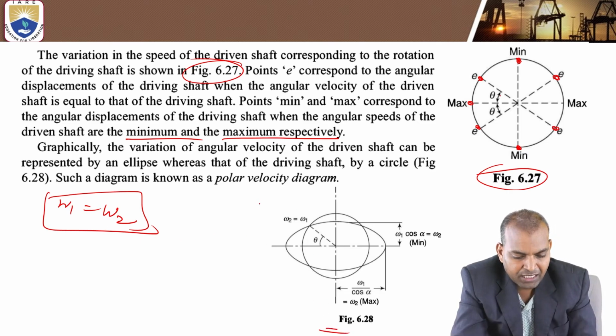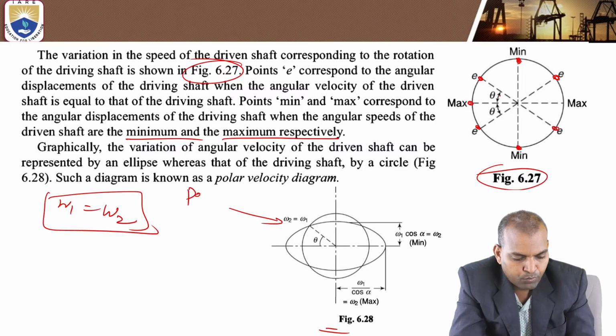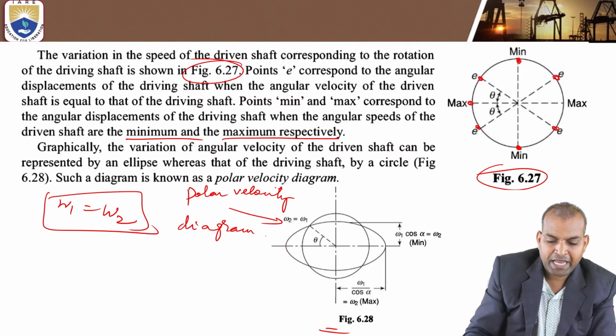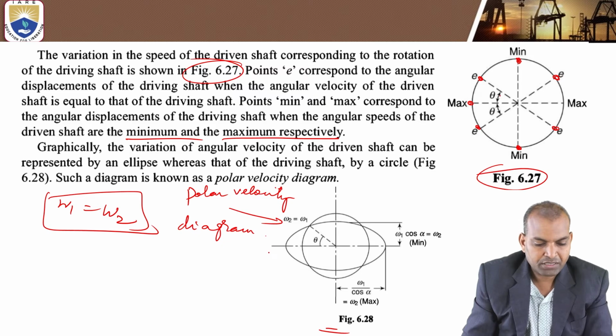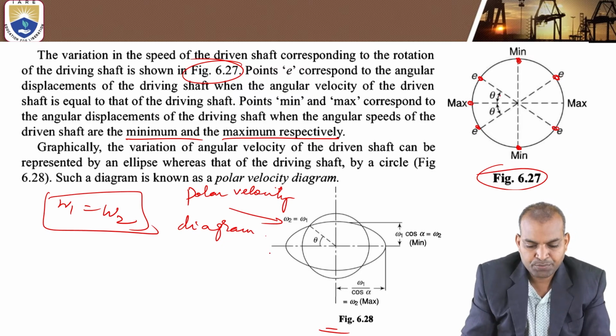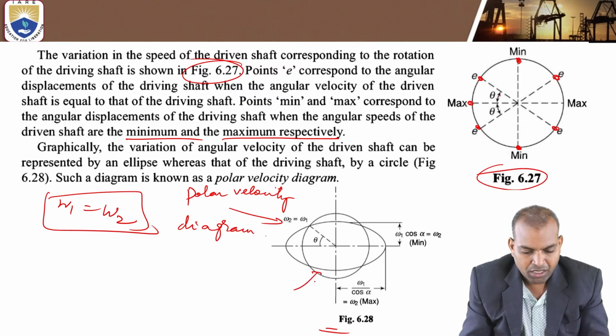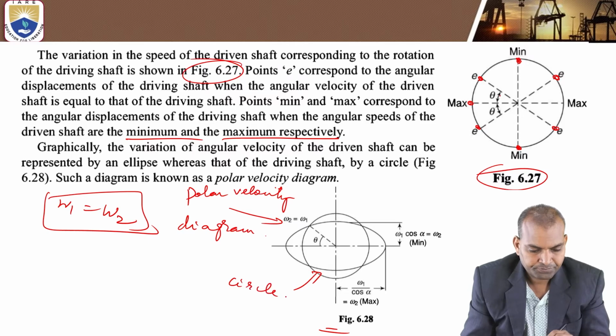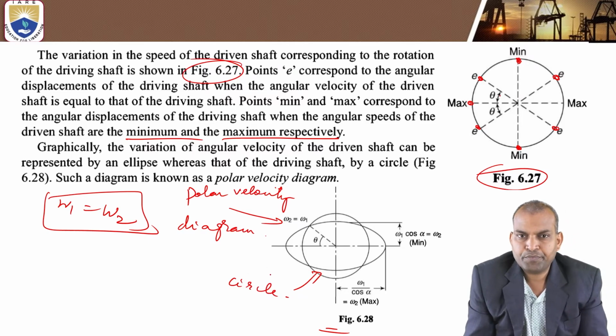This diagram is known as the polar velocity diagram. The variation of the angular velocity of the driven shaft can be represented by an ellipse and the driving shaft by a circle. Such a diagram is known as a polar velocity diagram.